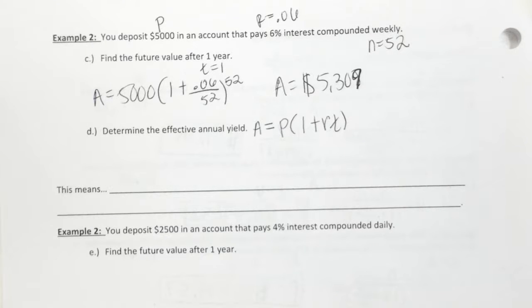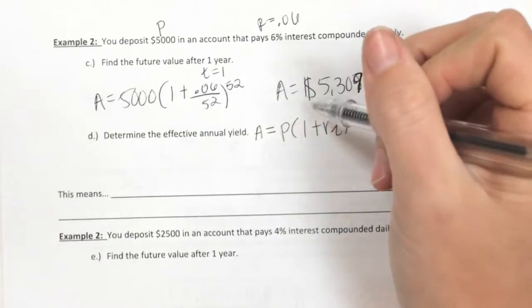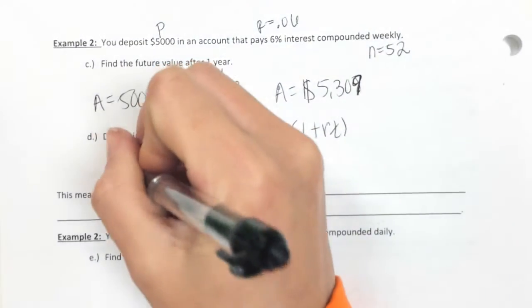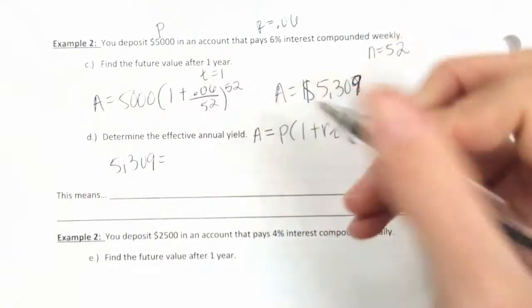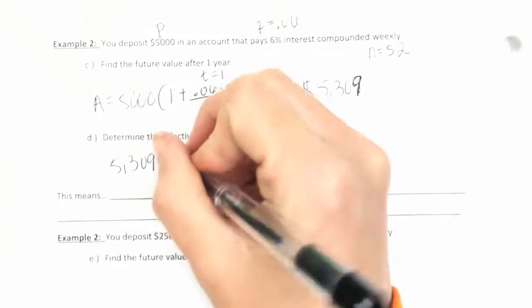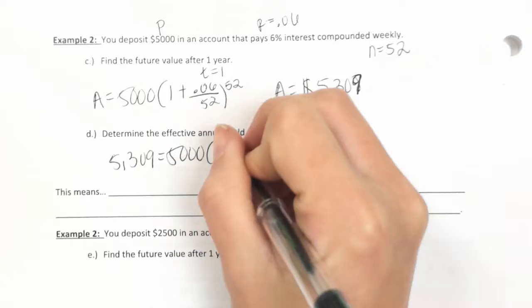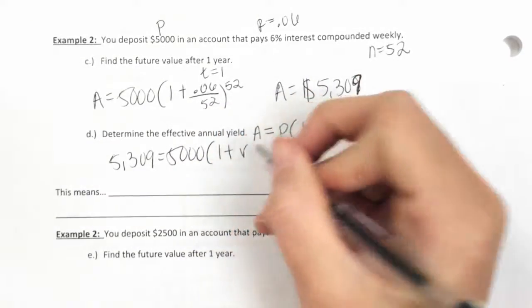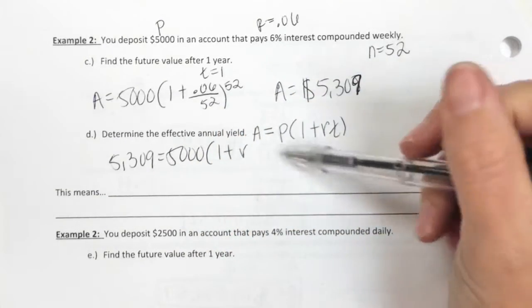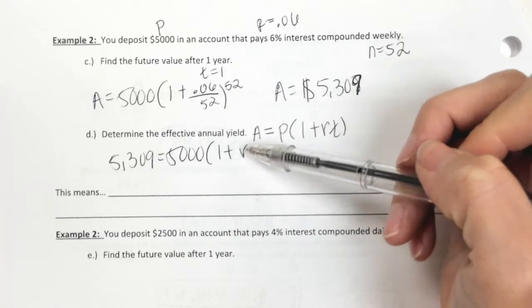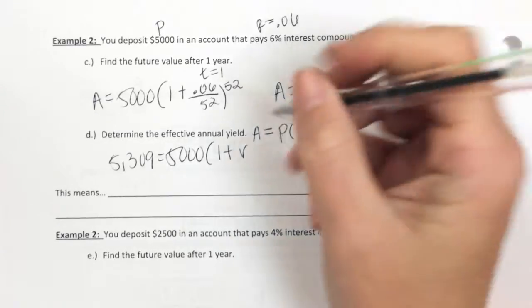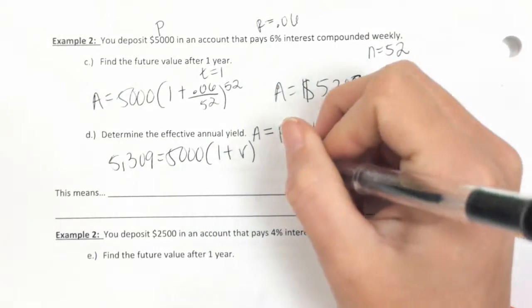So we're going to take our A, which we've already found, which was $5,309, equals our P, which was 5,000, and then 1 plus, we don't know what R is, and we really don't have to put anything for T, because T is 1, so 1 times R will just be R, so we can just leave it like that.